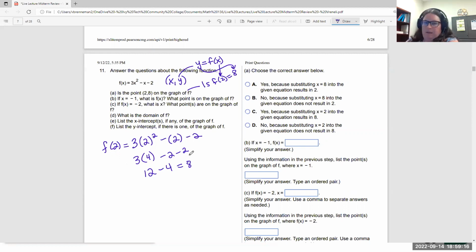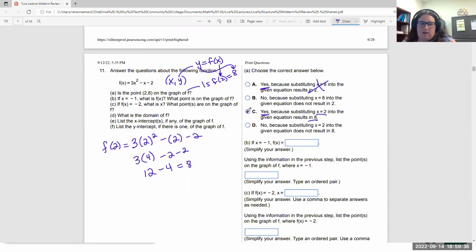Now it didn't have to turn out to be 8. This could be a yes or a no. But in this case, yes. So that narrows me down to options A or B here. Substituting 8 in certainly didn't result in 2, and that wasn't the right thing to do, but substituting 2 in did result in 8.